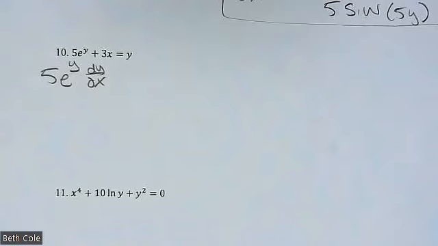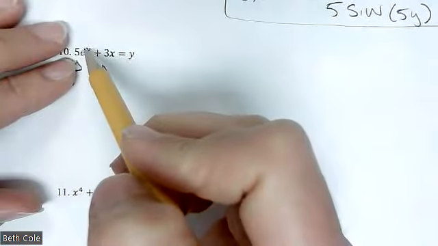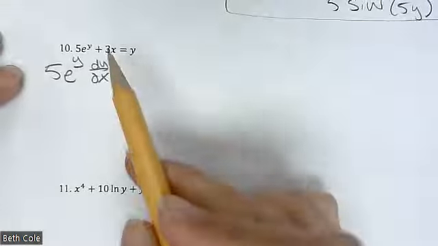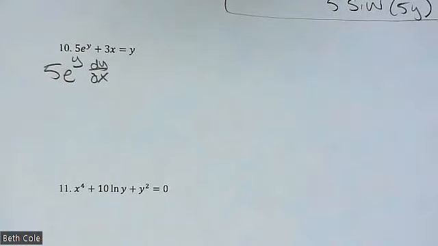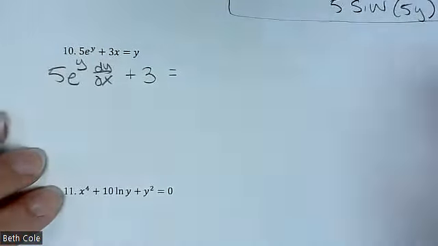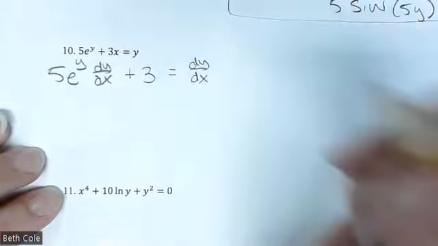It's just there. If the 5 was up there with the y, then we'd have to do that. But the 5 is just kind of sitting out front. Okay. Plus derivative of 3x is just 3 equals dy dx. Perfect. Nice job, guys.